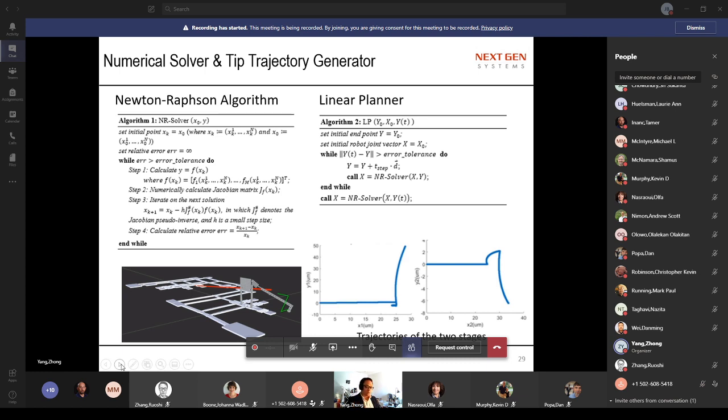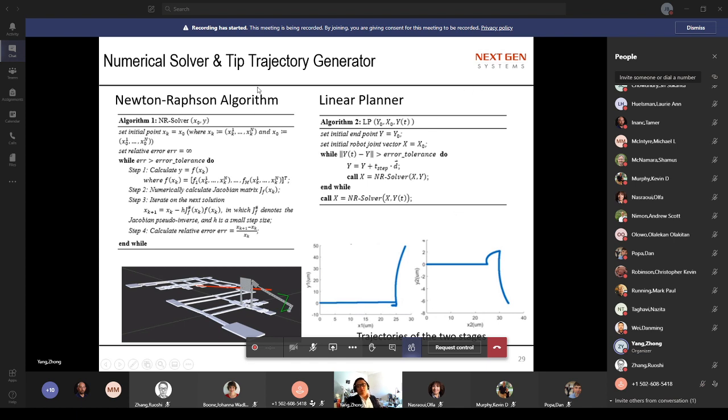So we have developed a solver in C++. The core algorithm we used is the Newton-Raphson algorithm, which can solve the nonlinear equations. The solution is a relation between how much the stages move, and finally, through those equations, we can calculate how much motion there is on the tip.